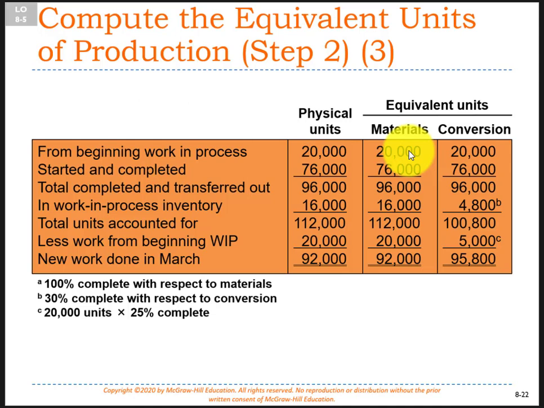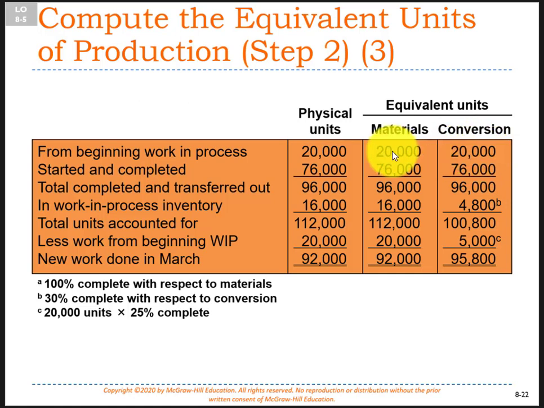You didn't have to add any more materials in March to your beginning work in process. Or on the conversion side, you would then put this as 15 because you had already done 25%. You need to do 75% in March. 75% of 20,000 is 15,000.